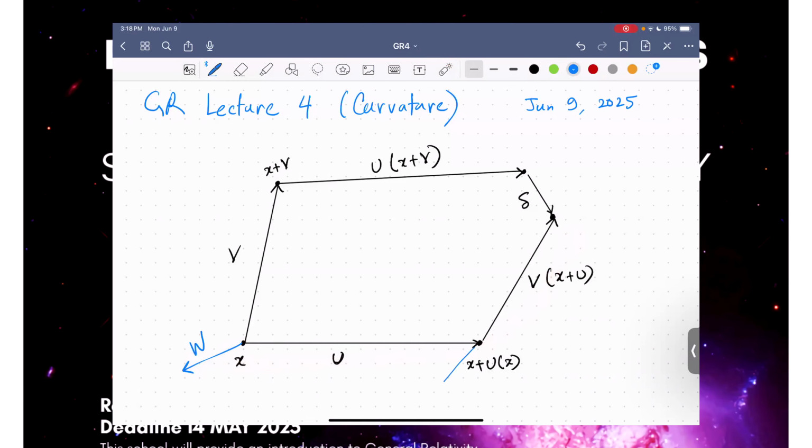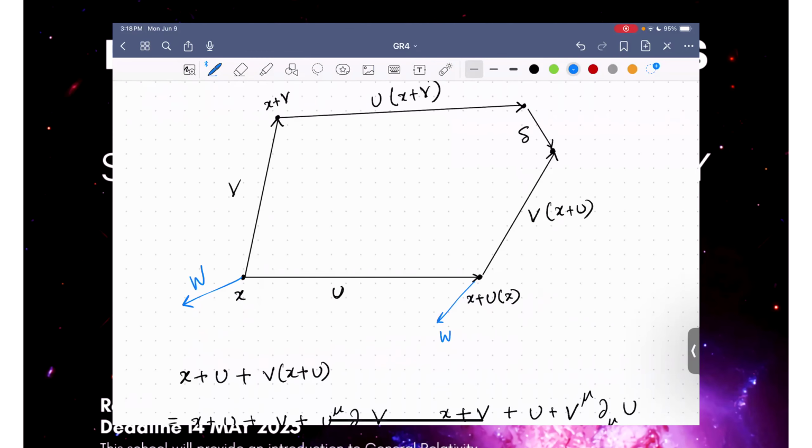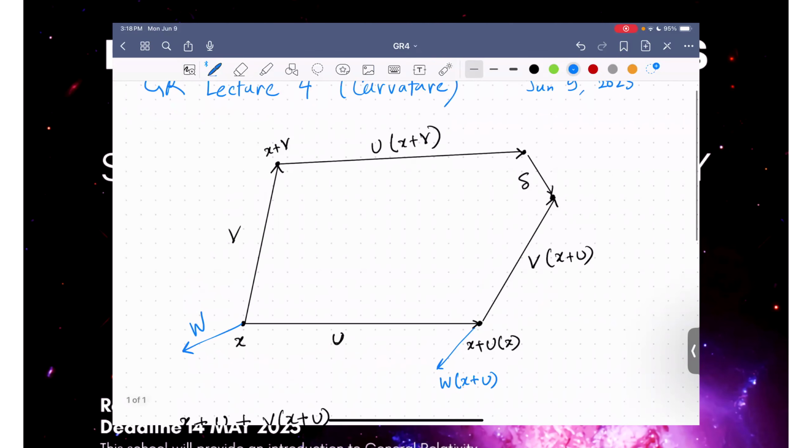So then there will be W here, W at x plus u. And then we will parallel transport this to here. So W at x plus u plus, okay, this thing, this v of x plus u.